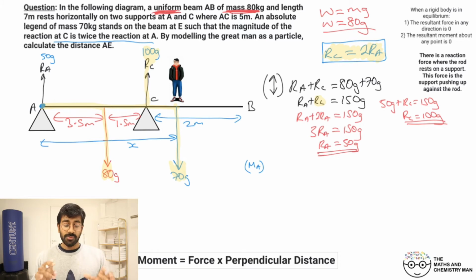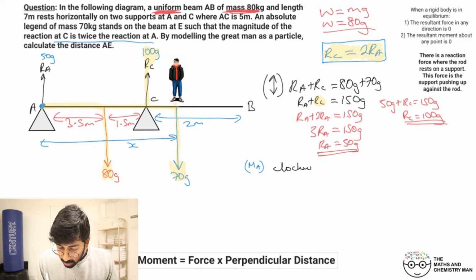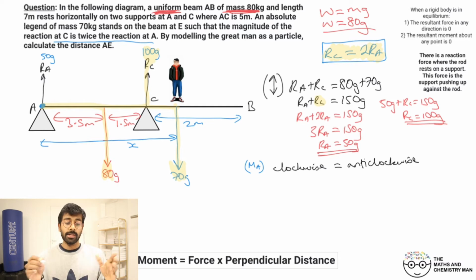Now, which ones of these forces are going clockwise? So we can see that 80g and 70g are going clockwise. And that means the 100g is going anti-clockwise. So let's just set up clockwise is equal to anti-clockwise. And now looking at the clockwise direction, that'll be 80g times by the distance away from the pivot, which is 3.5.